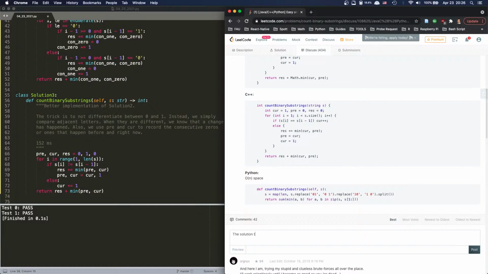The solution that adds gaps between transitions of 0 and 1 is on a whole other level. Brilliant. Yeah, there's nothing you can say. It is brilliant. Yeah, exactly.